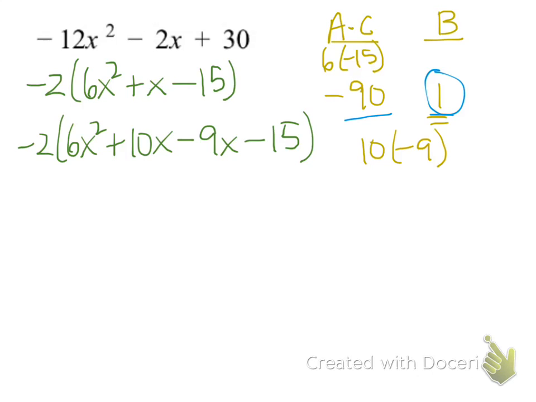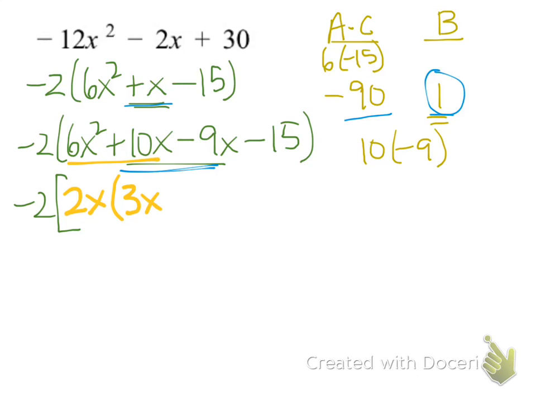And then still looking at the first two terms, a reminder that positive 10x minus 9x is 1x. But now looking at the first two terms, 6x squared and 10x, what can we factor out of both of those terms? Well, they're both even, so we can take out a 2, and of course they both have an x. And then we'll be left with 2x times 3x would give us 6x squared, and 2x times 5 would give us the 10x.